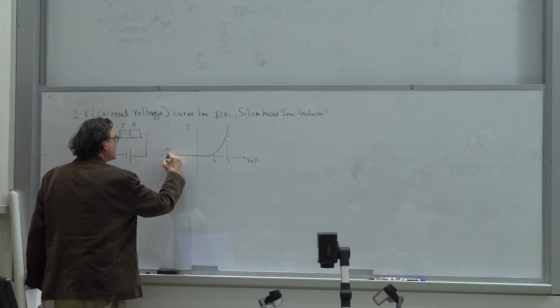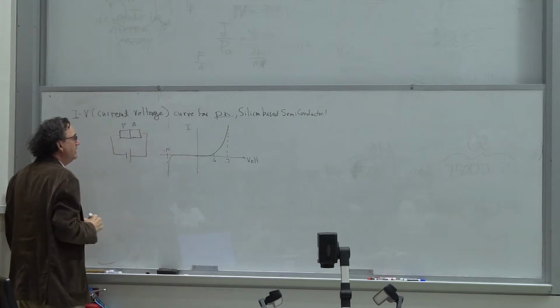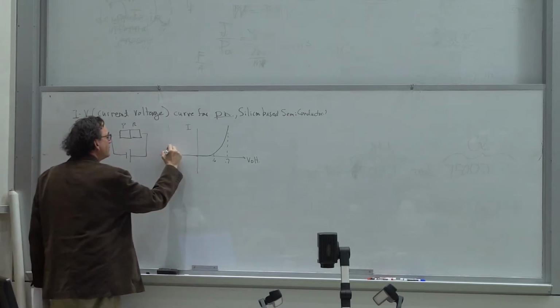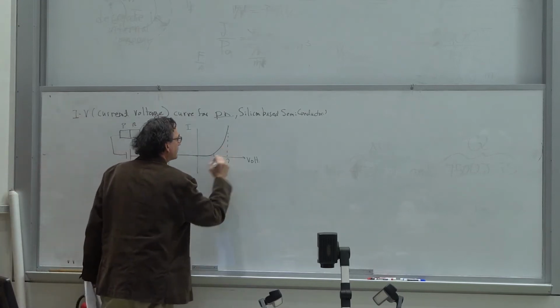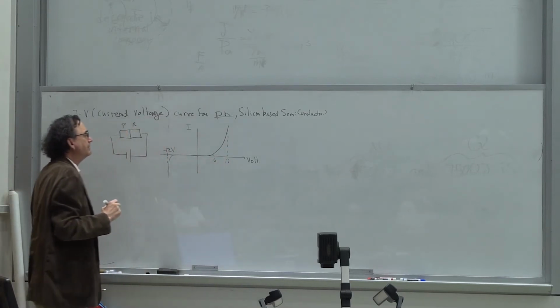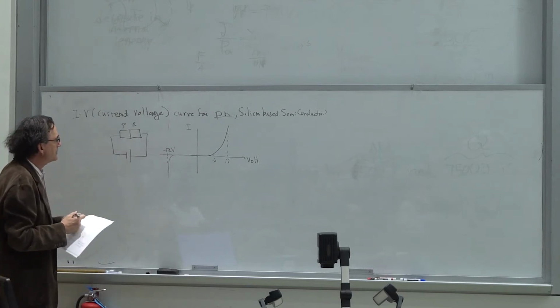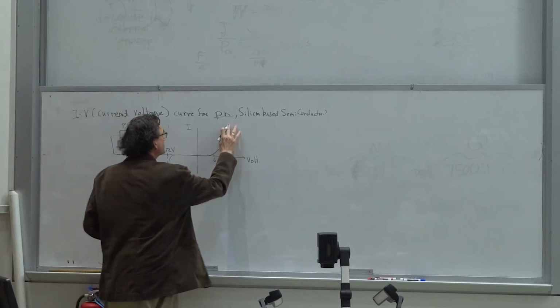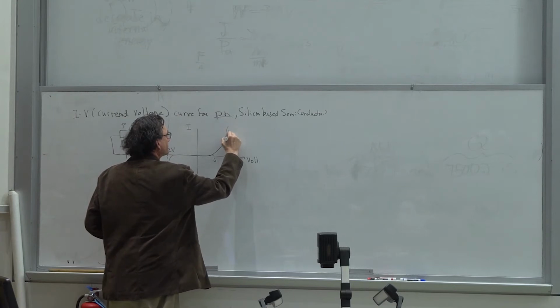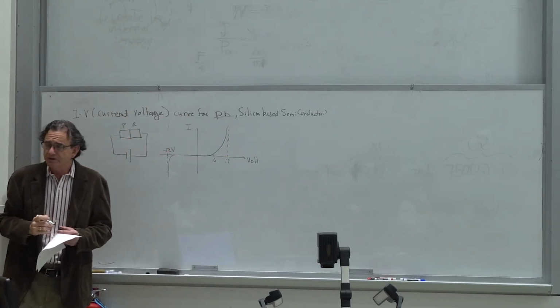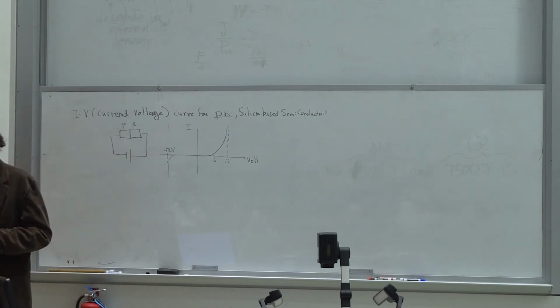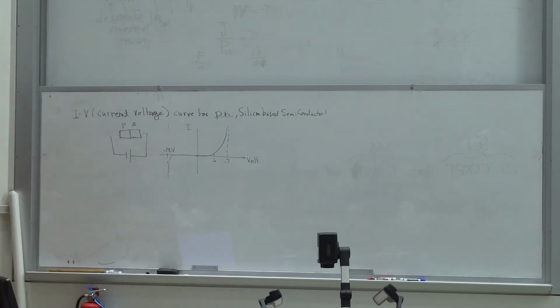The voltage is bounded below by 12 volts, the breakdown voltage, and above by around 0.7, where the current becomes extremely large and jumps way up. Okay, so that's what we had last time: the IV characteristic curve for a junction diode, a PN junction diode.